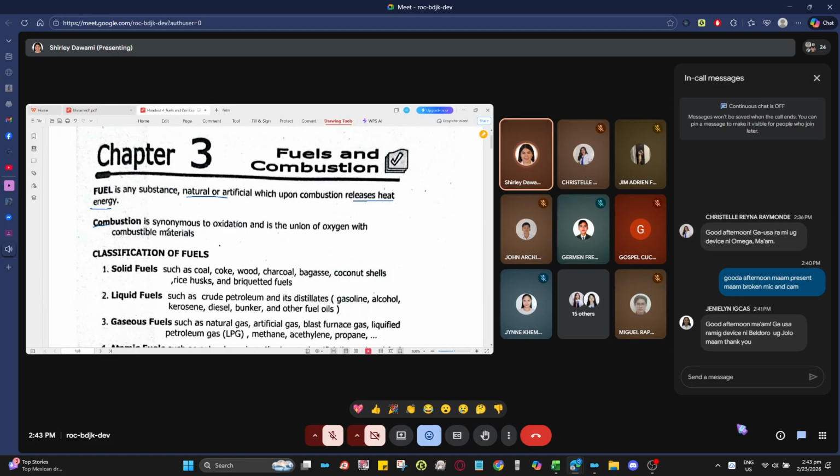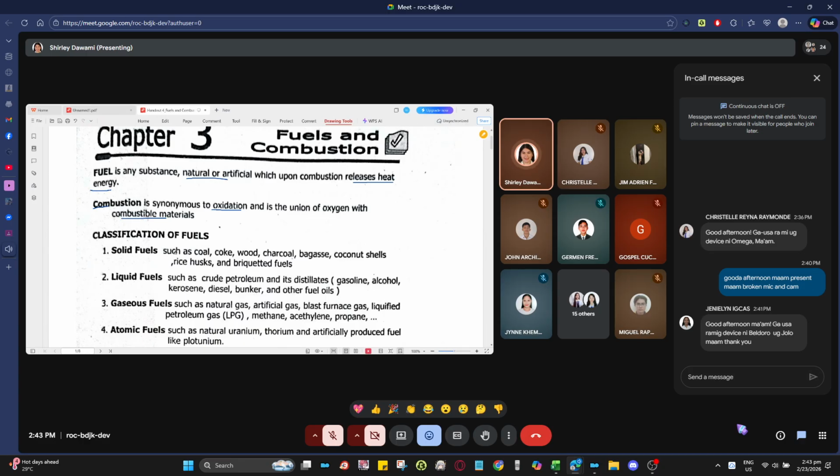So combustion is synonymous to oxidation and is the union of oxygen with combustible materials. Okay, so during the process of combustion, we have the hydrogen and carbon combined with other combustible materials.